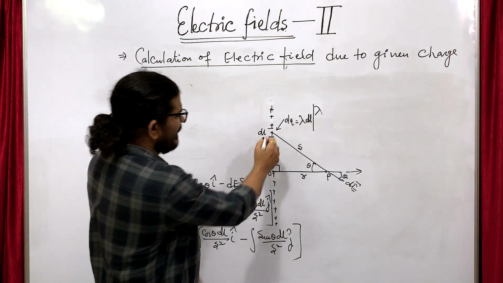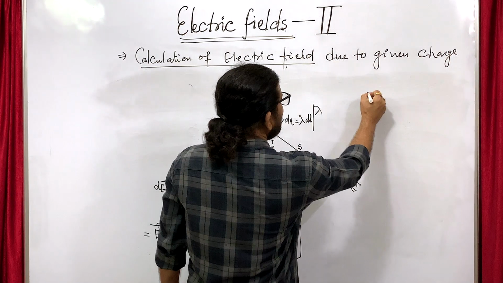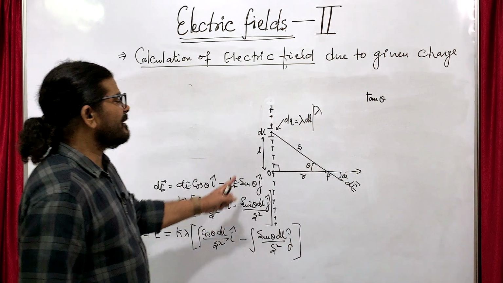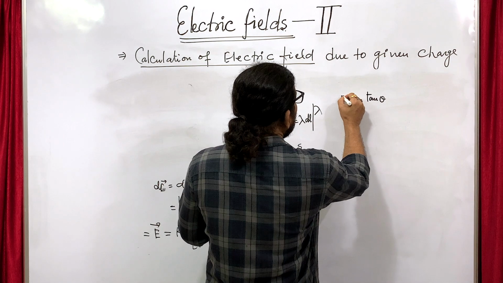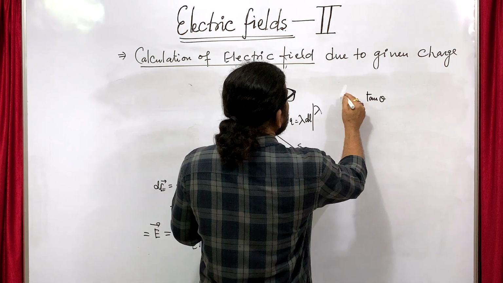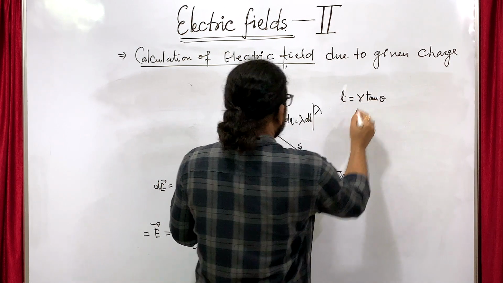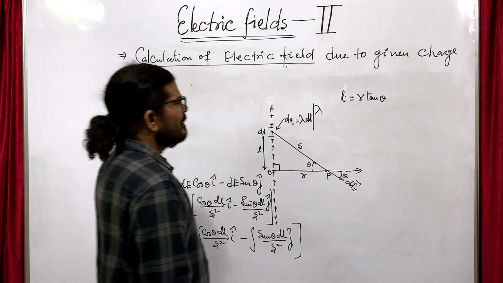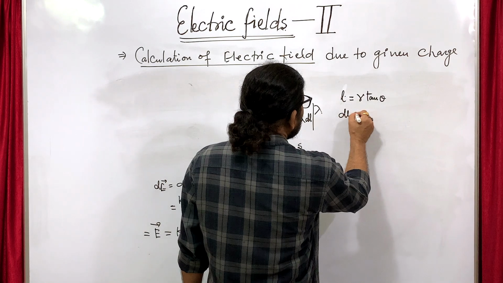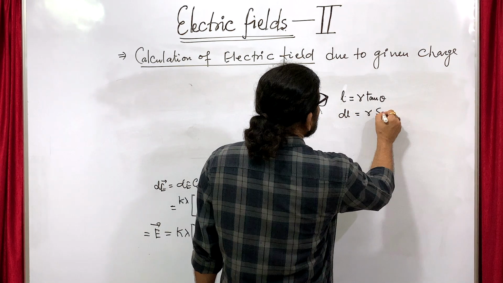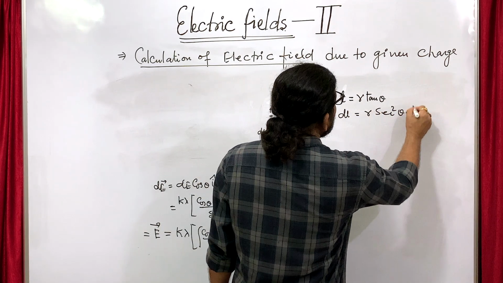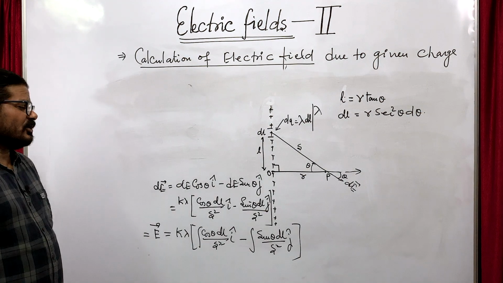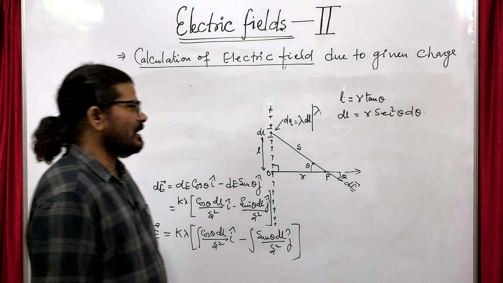From this triangle, tan of angle theta can be written as L over R, so L equals R tan theta. I think you can write this. So dl can be written as R into sec square theta into d theta. Yes, dl is reduced to theta.